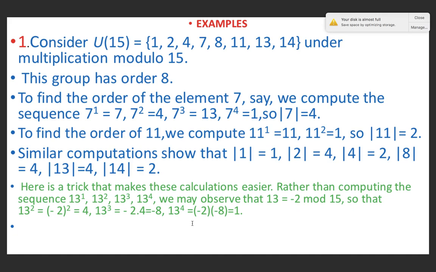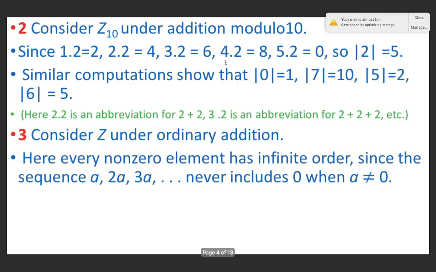You will get the remainder, and keep writing the remainders in front of the sequence until you reach the identity element, which is 1 here. So this is the way to calculate the order of elements of the group U15 under multiplication modulo 15.